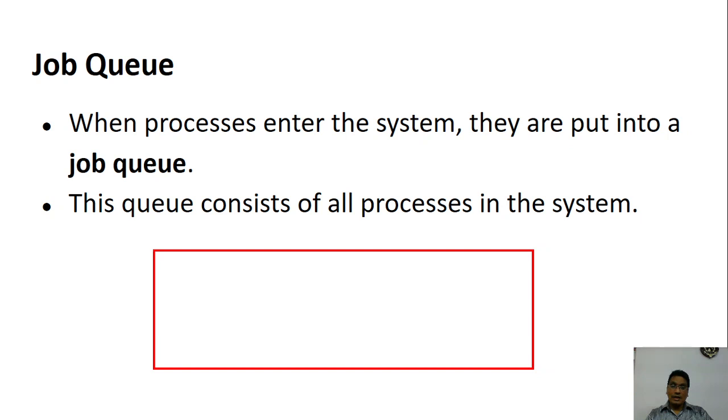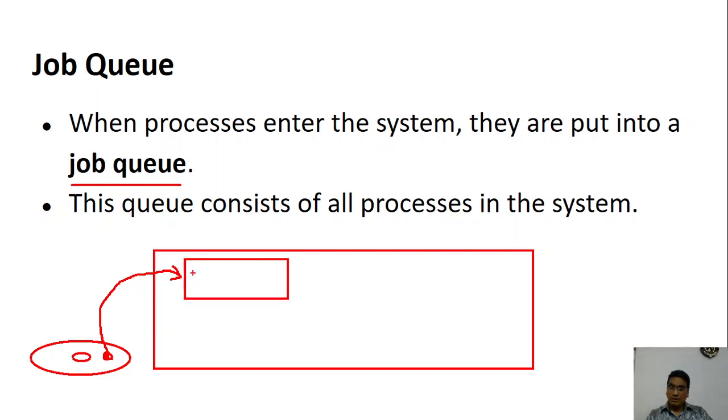Now, if you look at this as the RAM of your system, when you double click or activate any process, maybe it is a Word document, maybe an Excel document, maybe the game that you want to start, the process, which is generally a program that resides on the disk, is loaded from the disk to the RAM.